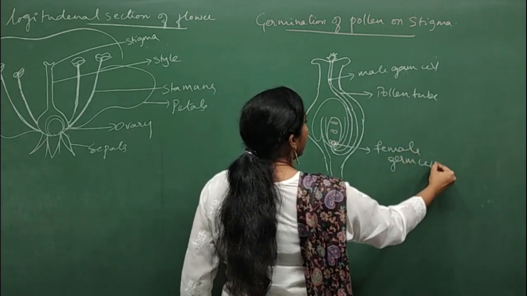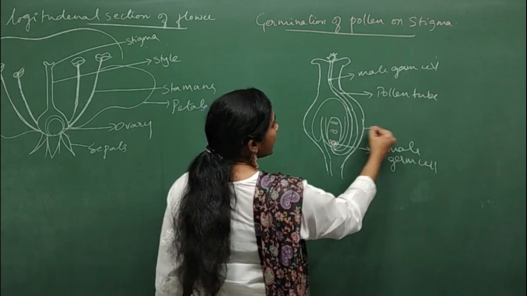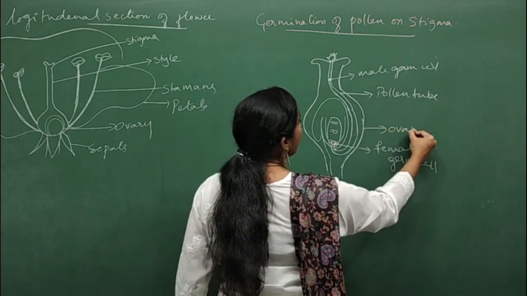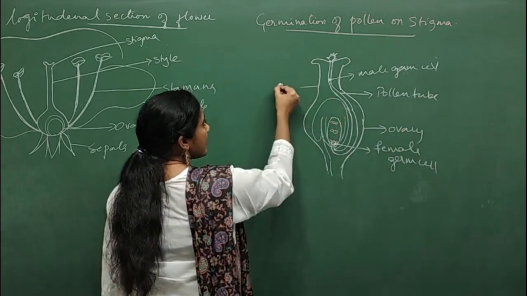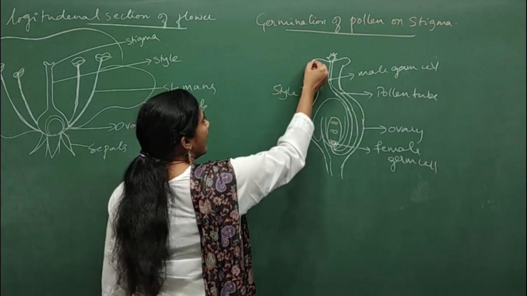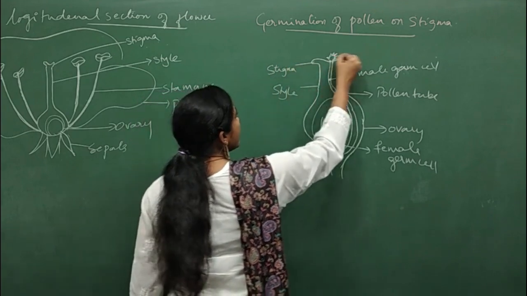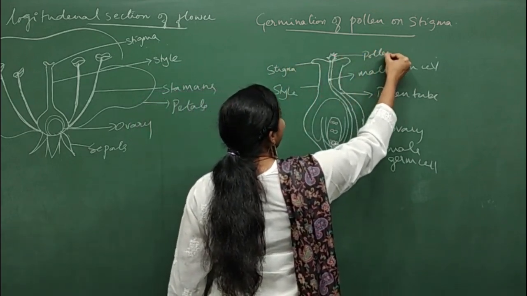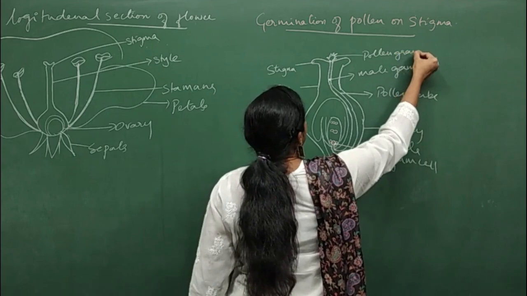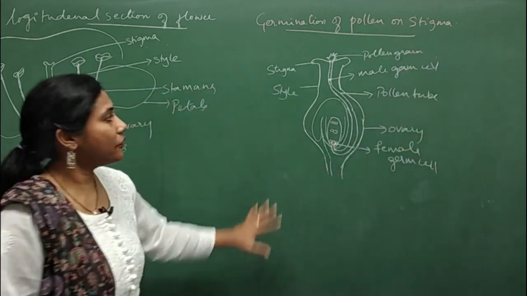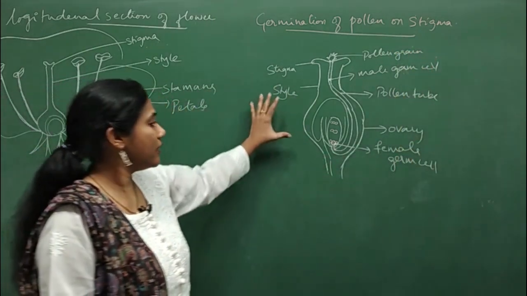Clear? Fine. And now the rest, we call this the ovary, right? And this is style, and this is stigma, and this is pollen grain. Yeah. So these are the different parts of the diagram.